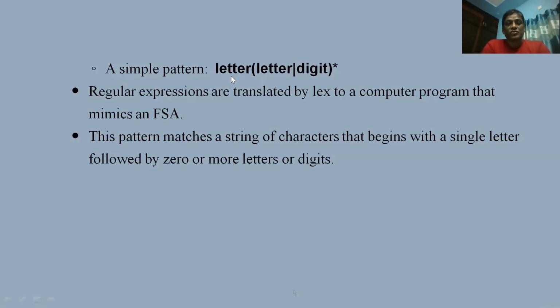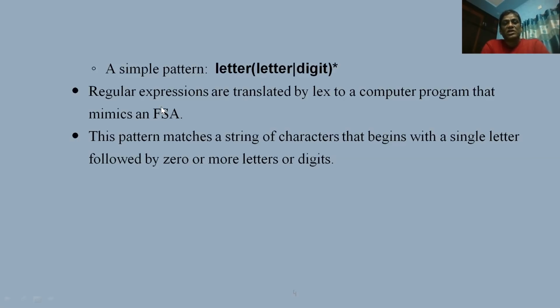And once you write this regular expression in your Lex program, these regular expressions are automatically translated by the Lex tool into a computer program, probably in C language, that mimics the finite state automata, that is, finite automata, to recognize the tokens that satisfy this regular expression.